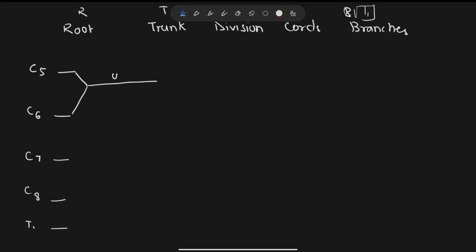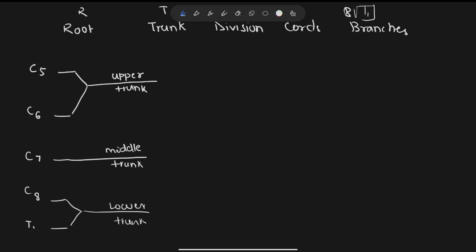This is the upper trunk. C7 will go as it is. It will form the middle trunk. And the lower trunk is formed by C8 and T1.